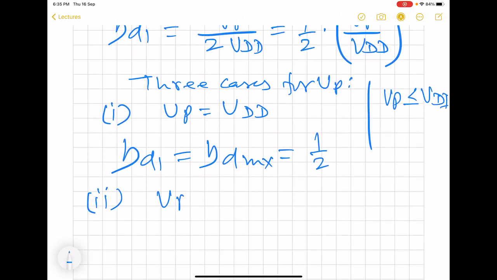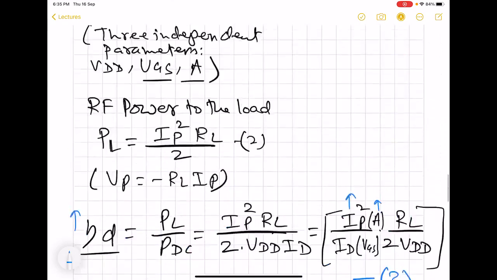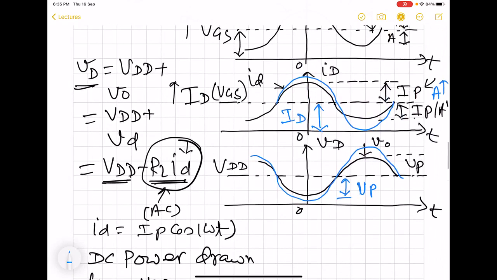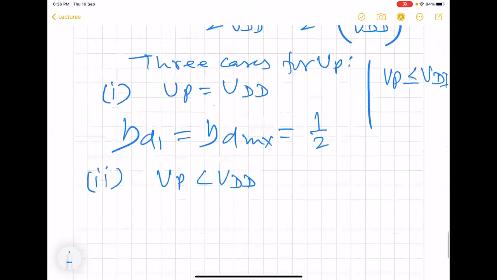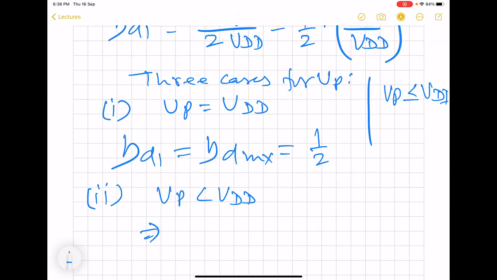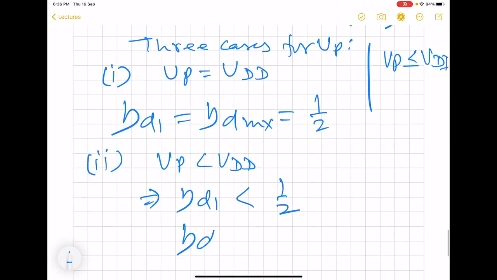Second is VP less than VDD. If we have this scenario, then we will have to do something else to further increase. So now here you can see that VP is less than VDD. So obviously eta D1 is less than 1 by 2, which is less than the eta D max that we got in case 1. So then how do we further increase this eta D1 so that it becomes equal to 1 by 2?